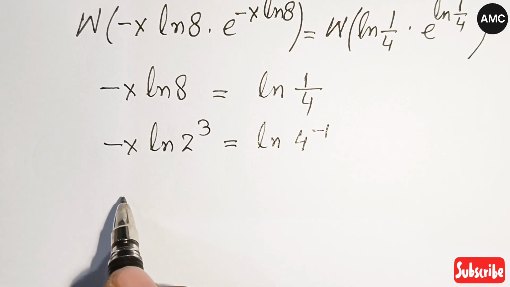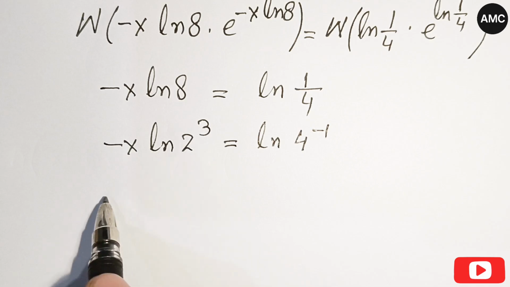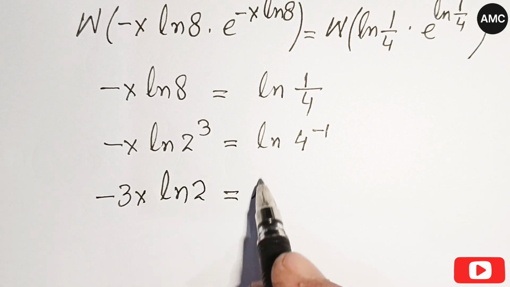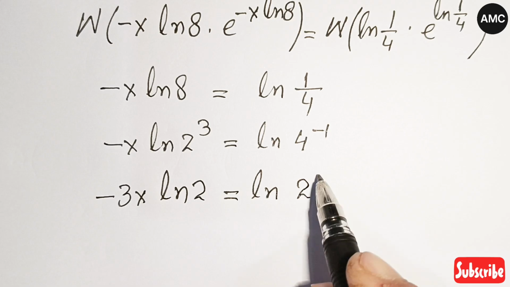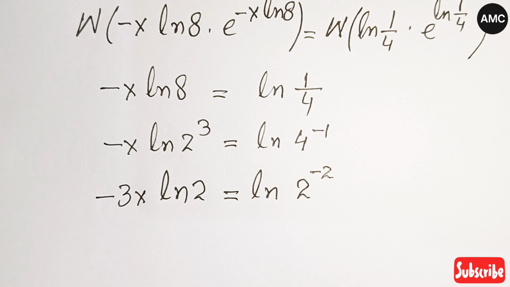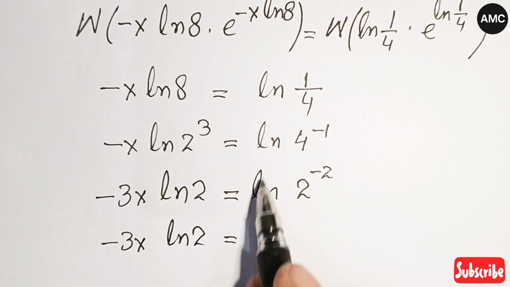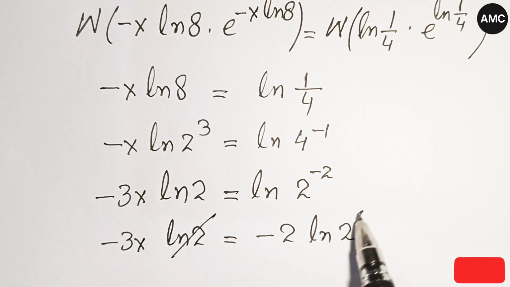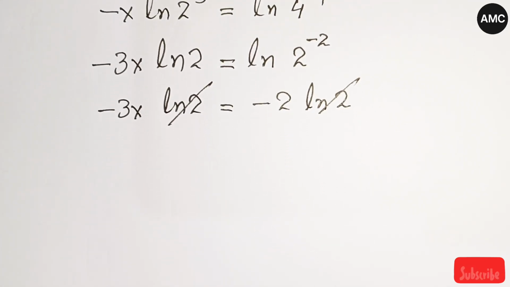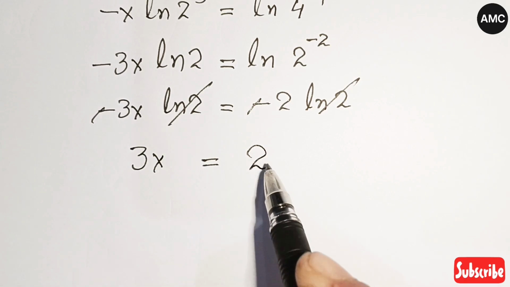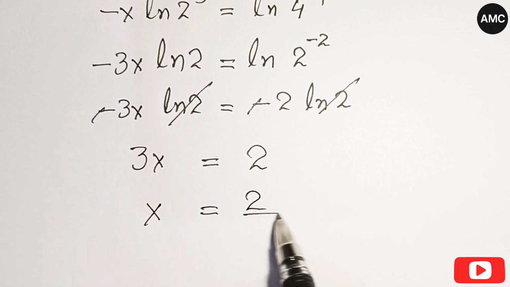Using the logarithm law, we get minus 3 times x natural log of 2 is equal to natural log of 4, which is 2 squared, and 2 squared to the power minus 1 gives minus 2. So minus 3 x natural log of 2 is equal to minus 2 natural log of 2. Now natural log of 2 cancels on both sides, and the negative sign also cancels. We get 3x is equal to 2, so x is equal to 2 over 3.